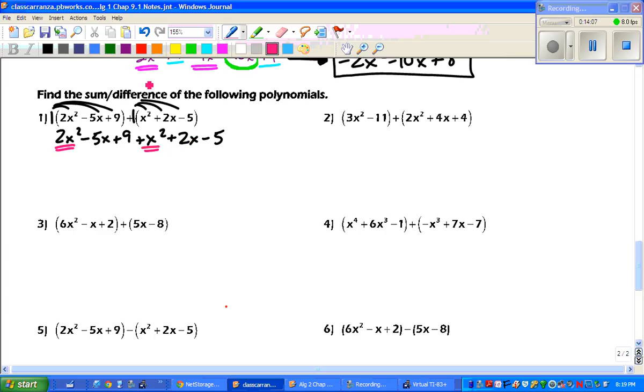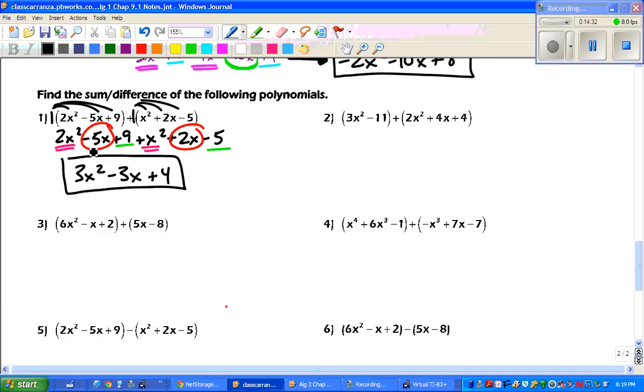So 2x squared and x squared gives us 3x squared. Negative 5x plus 2x, negative 3x. And then positive 9 minus 5 is positive 4. Okay?